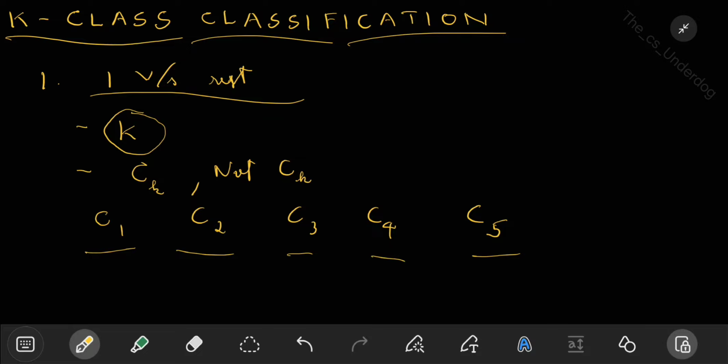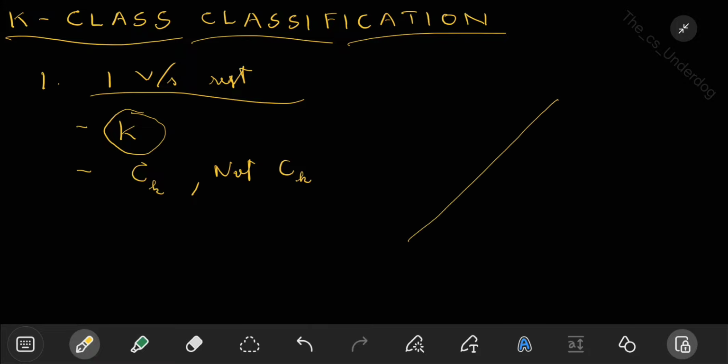One more issue is that you may have a lot of ambiguous scenarios. That is, let us say you have this particular decision boundary obtained from one model, which says above this line it is C1, and below this it is not C1.